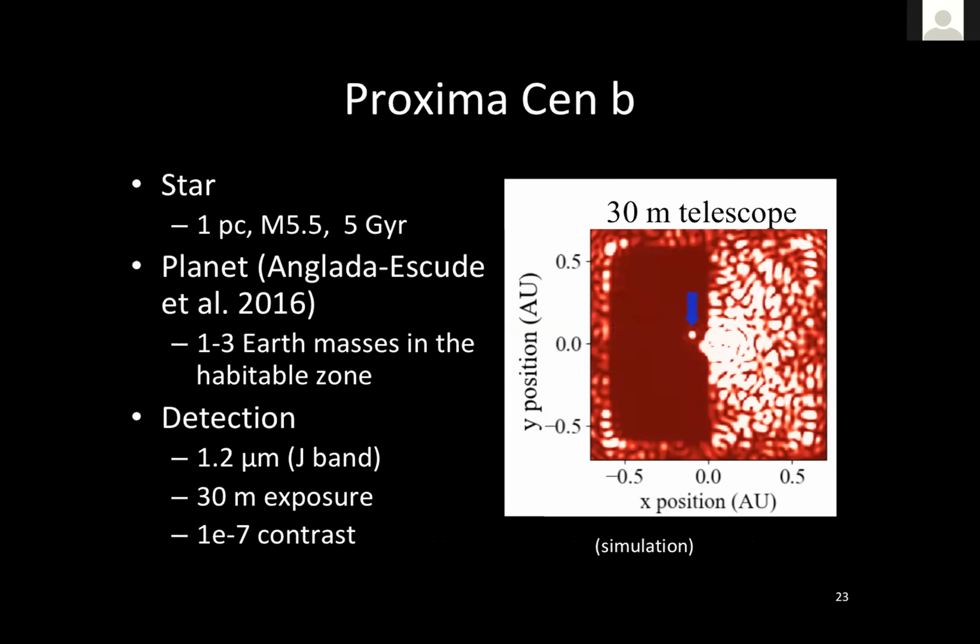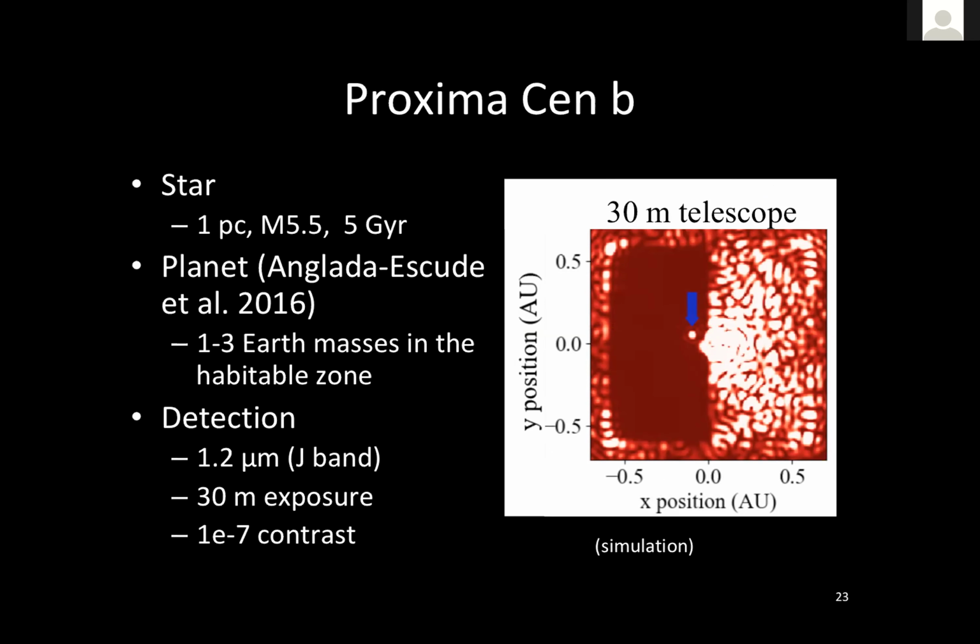So there's a simulation with this technique implemented of a detection of Proxima Centauri b in only about 30 minutes, because this is not limited by quasi-static speckles anymore. It's just limited by photon noise, and you can detect a lot of light on a 30-meter telescope, so you can reach these limits very quickly.